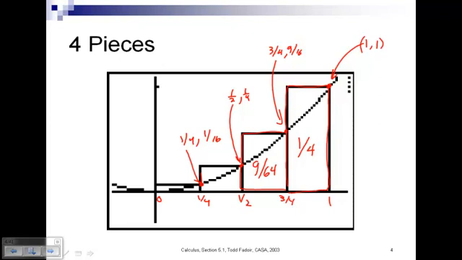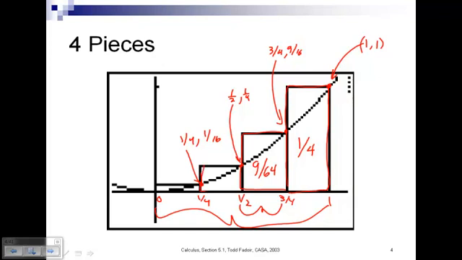How did I get that again? This distance here is 1, and I broke it into 4 equal pieces. So this rectangle is 1/4 wide, it's 9/16 tall, and 9/16 times 1/4 is 9/64. Double and double again. Okay?